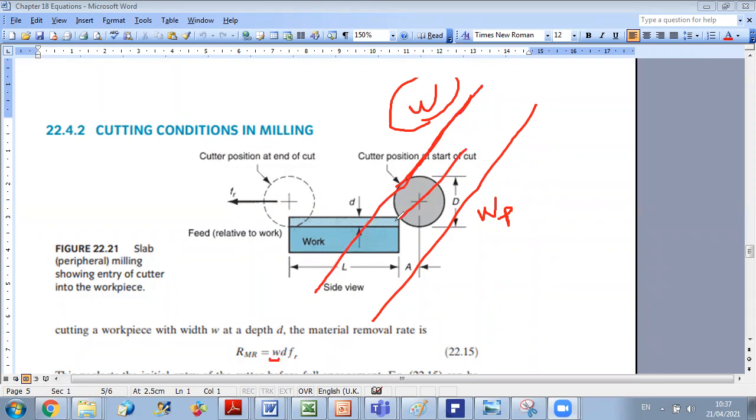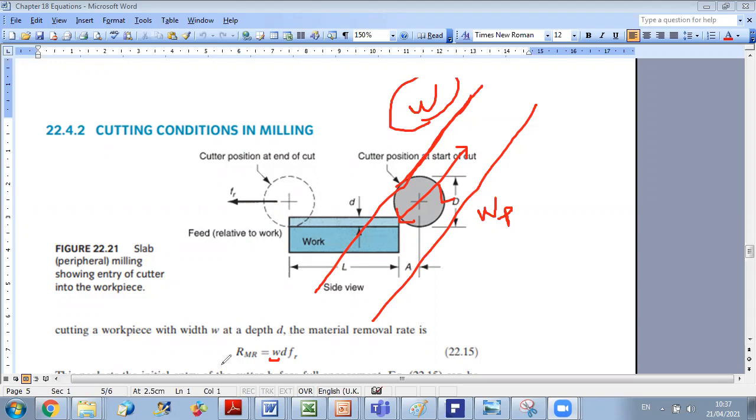I will just multiply by the width in contact with the part. If the part length is L, I should multiply by L. So in a general formula, we consider the contact width between the cutter and the work part as the one that will be removed.